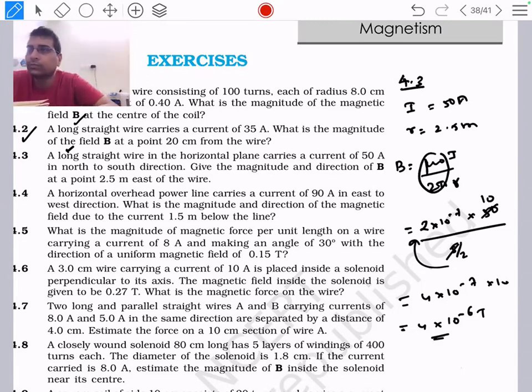Minus j cap cross i cap. What is going to be the direction? Is it j cap, sir? Yes, it is j cap. That's right. So it starts experiencing a force in the upward direction.